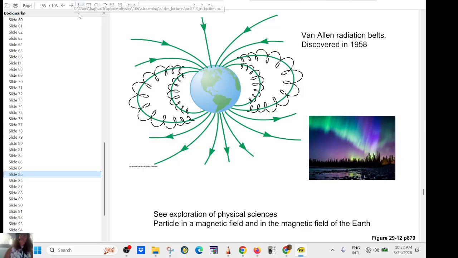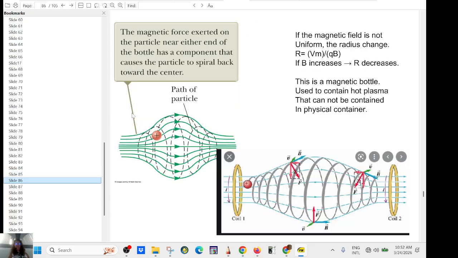Okay, so the Van Allen belt, during the Cold War space race. Each time there is an acceleration for a particle, there will be emission. It's going to radiate. So it's those beautiful displays of colors. You can use this idea to make a plasma bottle, a way to keep plasma.